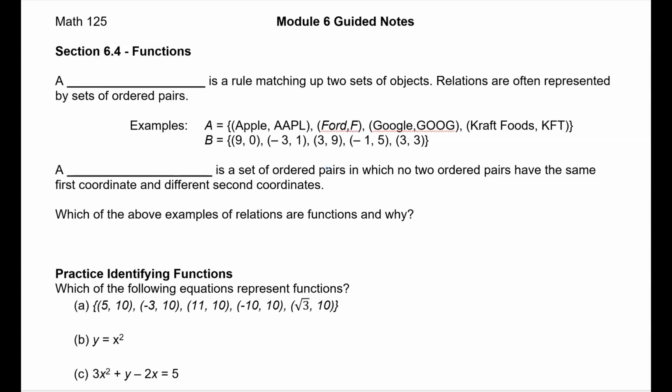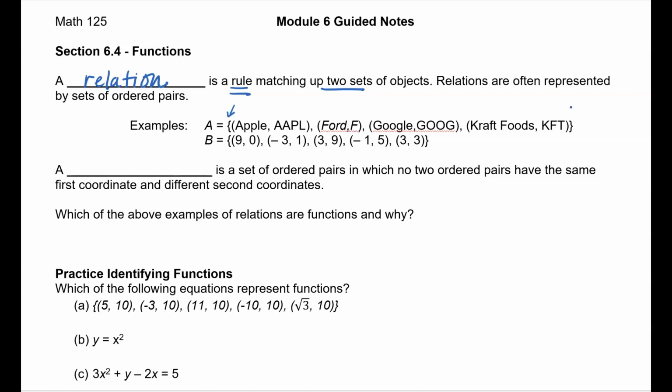So we start by defining what a relation is actually, and that's what goes in this first blank. So a relation, and we need this term because it helps us define function. A relation is just a rule matching up two sets of objects. So we talked about sets before in previous modules. Sets we usually denote with curly brackets.